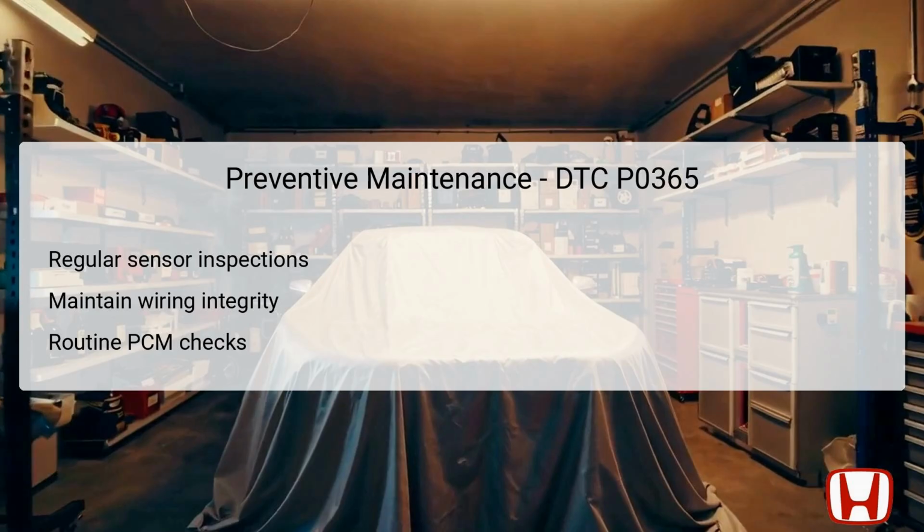Additionally, incorporating routine checks of the powertrain control module's performance can help identify potential faults before they escalate into significant issues. This proactive approach to maintenance is crucial for the longevity of the engine's performance and functionality in the Honda Accord.